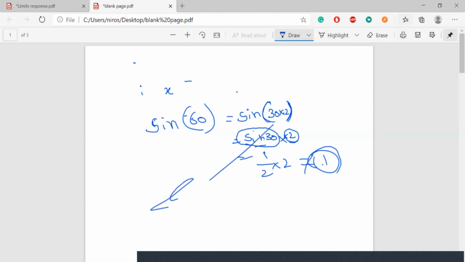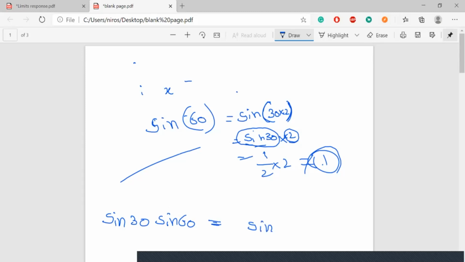The other thing I want to tell you is you can't take it common either. Let us suppose sine 30 sine 60. You can't write it as sine 30 into 60.